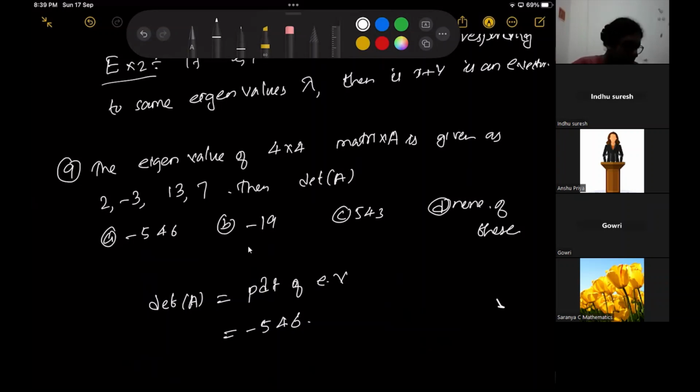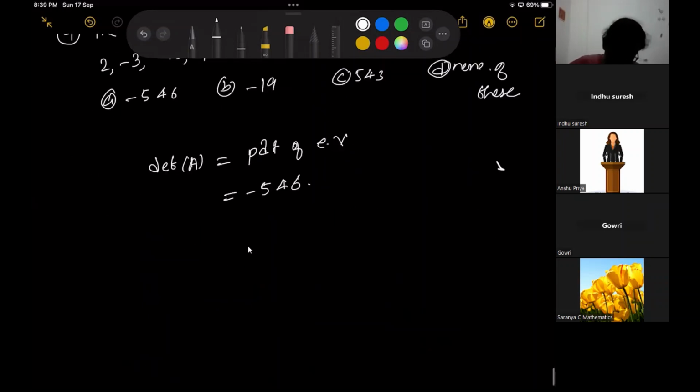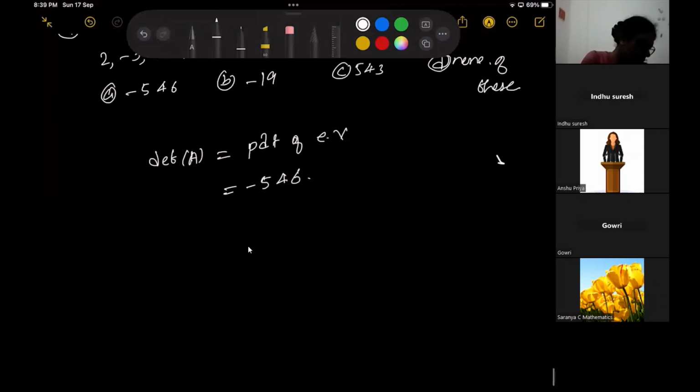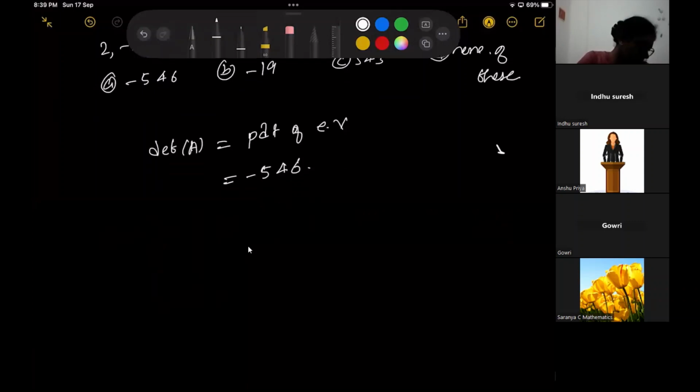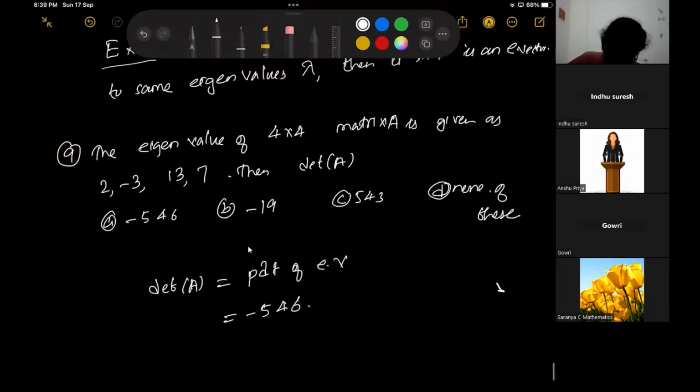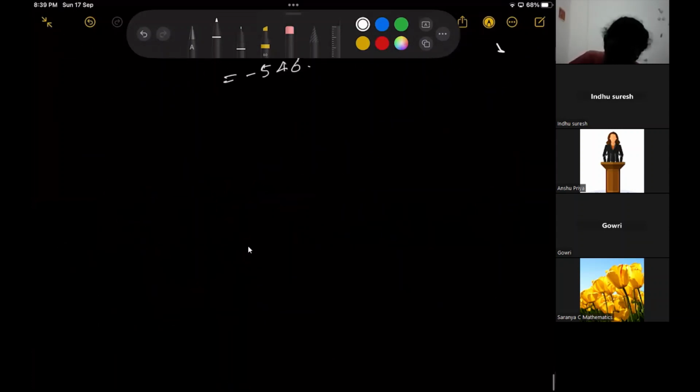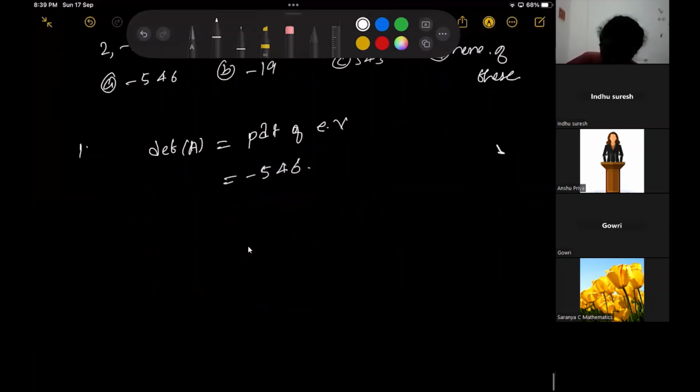Now, so this is a good question. Let A be an idempotent matrix. Okay, we'll say what is idempotent if you don't know.